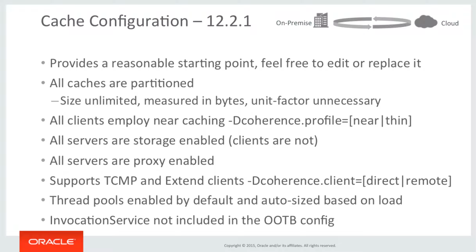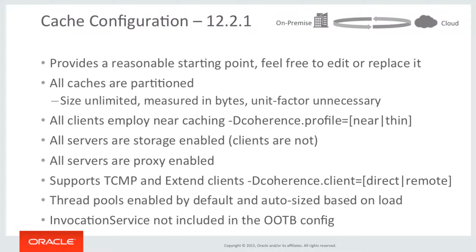Now, this cache config, as I mentioned earlier, one of the problems we had with the old one was that you couldn't typically use the same, or easily use the same, cache config for both cluster members and for Extend clients. This new default cache config has been written in such a way that it is compatible with both. And in fact, it's compatible with Extend clients, cluster clients, and cluster servers.